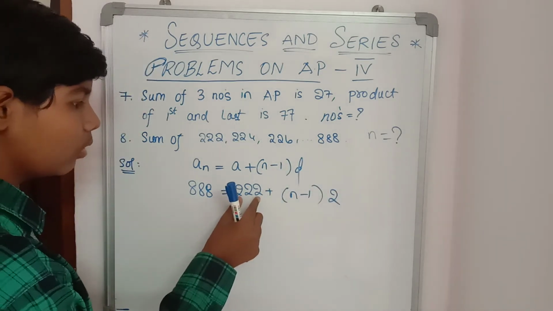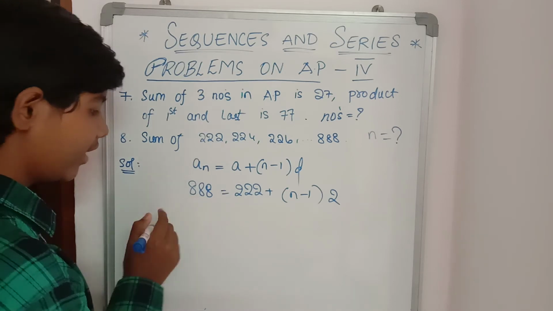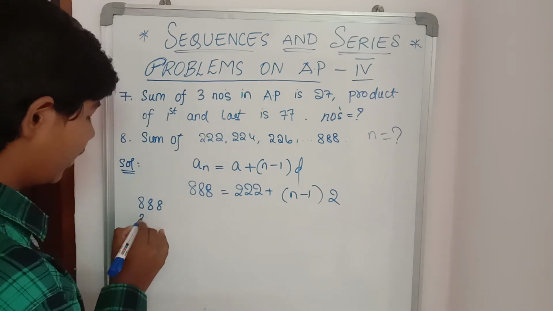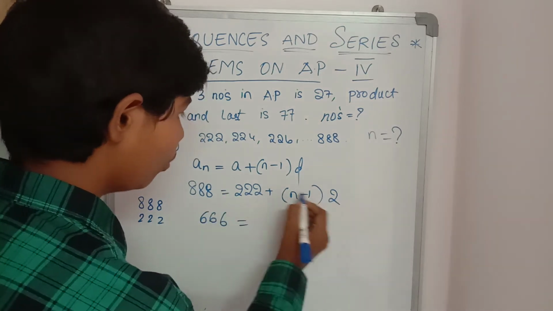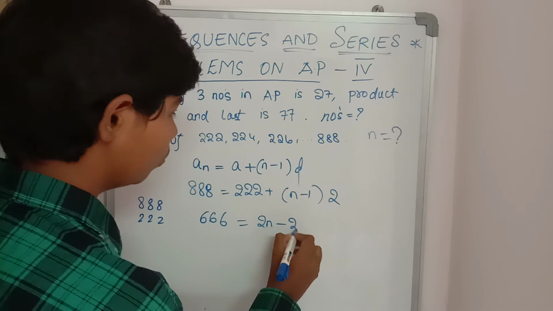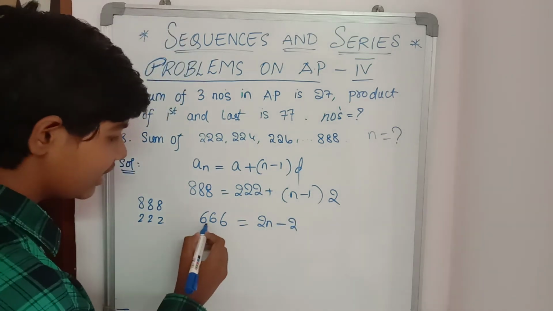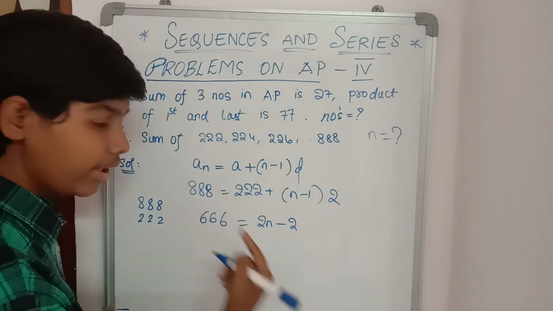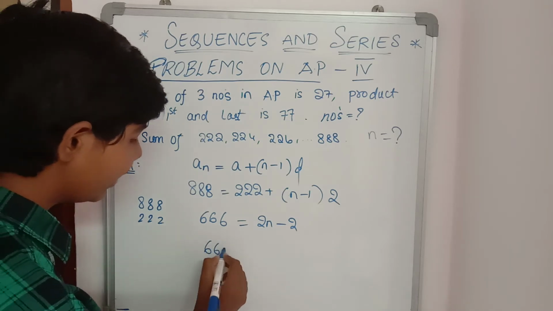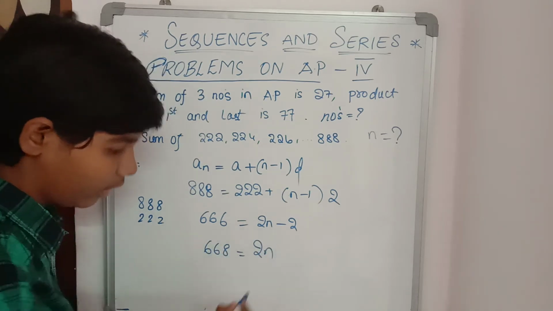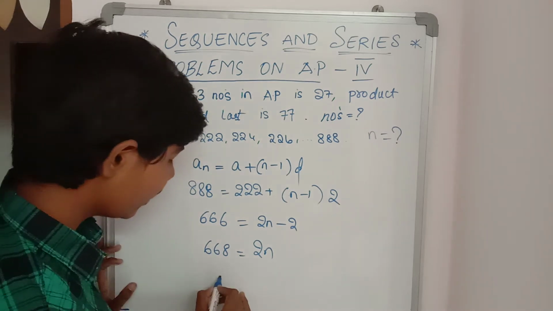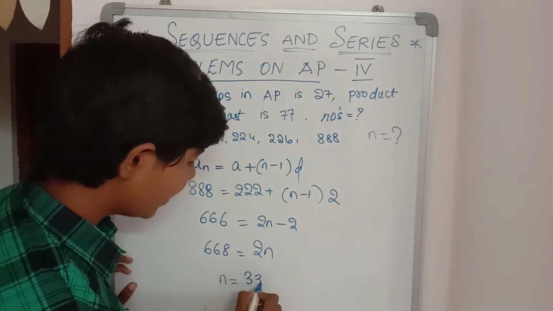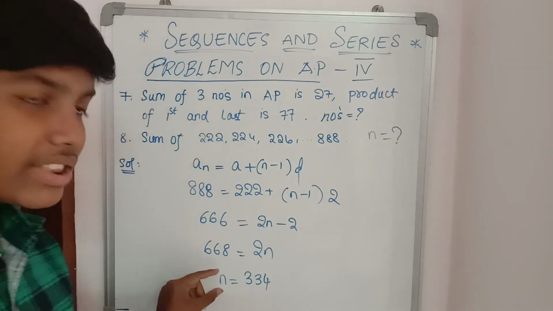First of all, subtract 222: 888 minus 222 gives 666. So 666 is equal to 2n minus 2. The 2 goes to this side and becomes plus 2, so 668 is equal to 2n. We get n as 334.